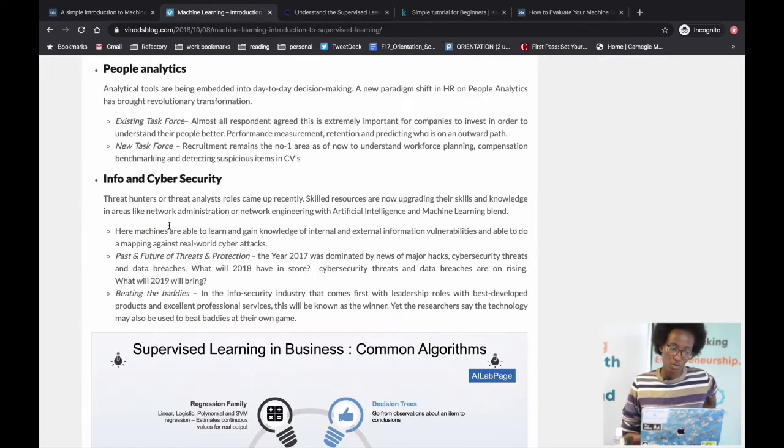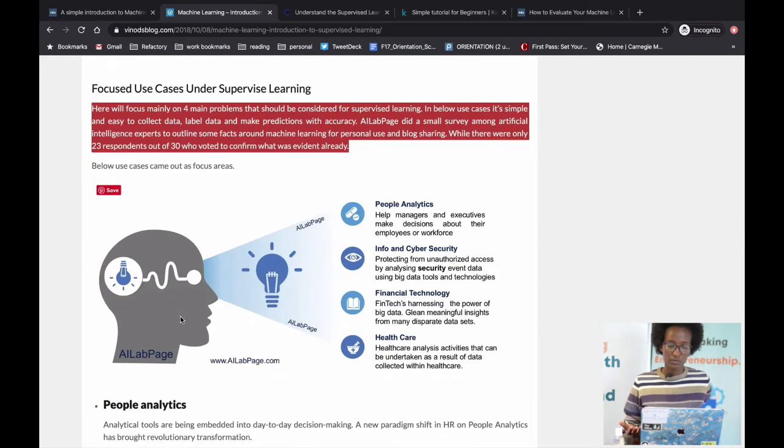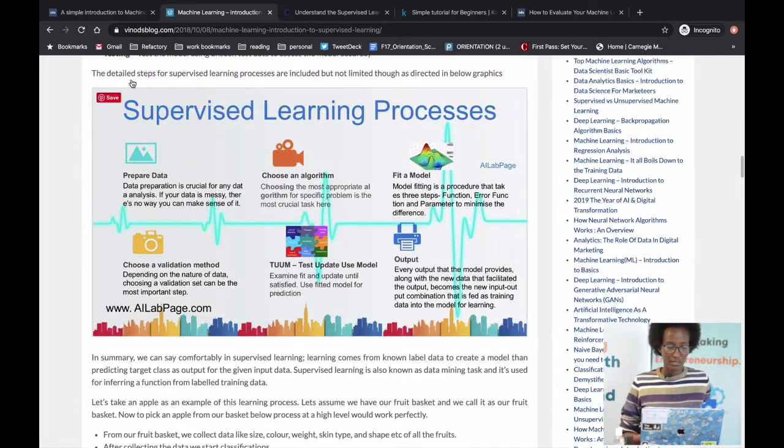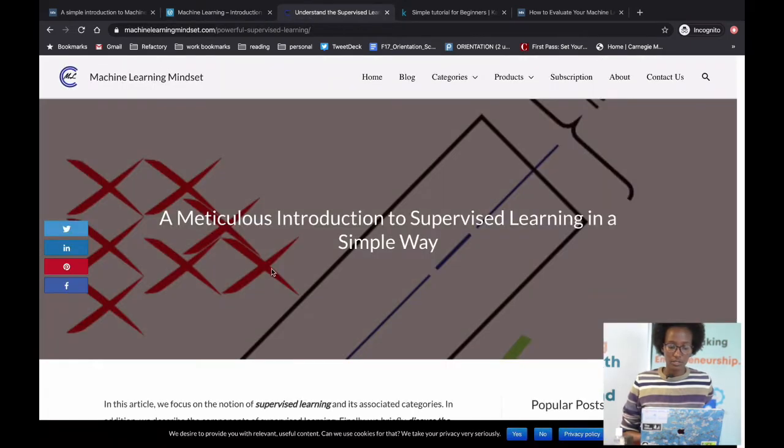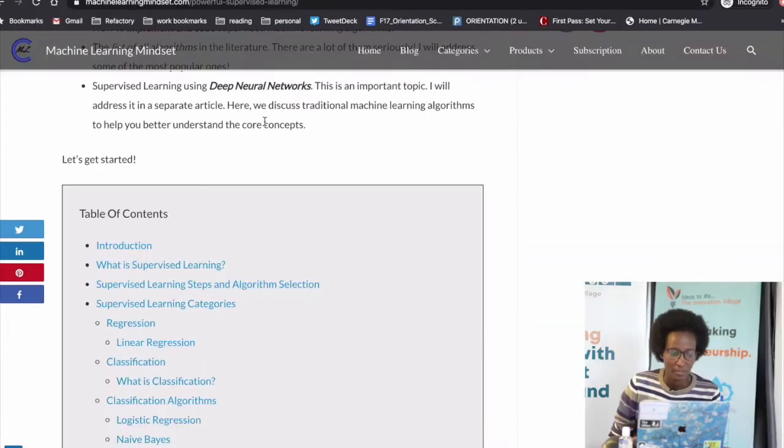And then we saw the actual use cases of supervised learning in industry. So we've seen the different examples, and also a high-level process of what you would go through when you're trying to use supervised learning. And now we want to see the different algorithms.